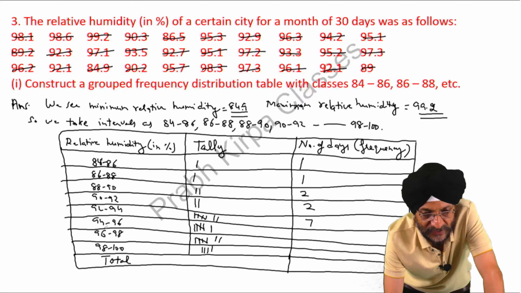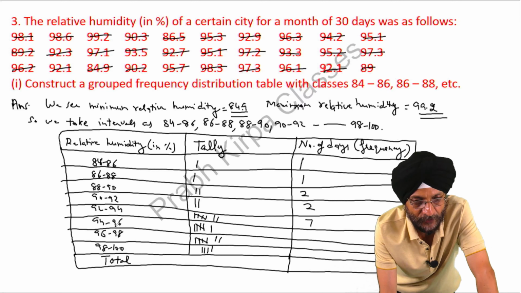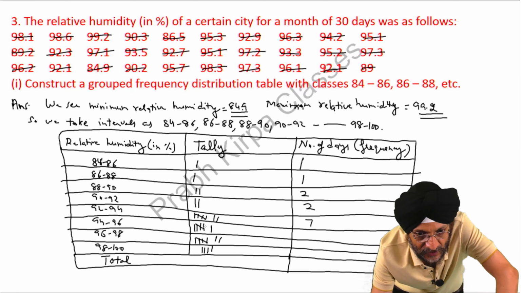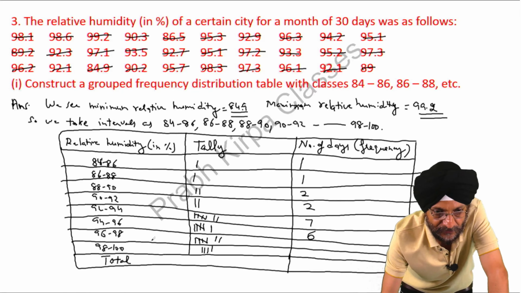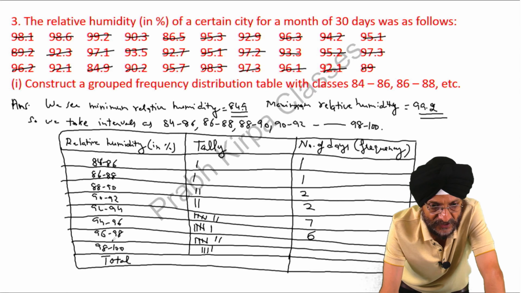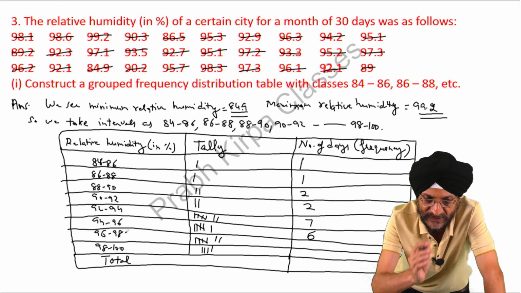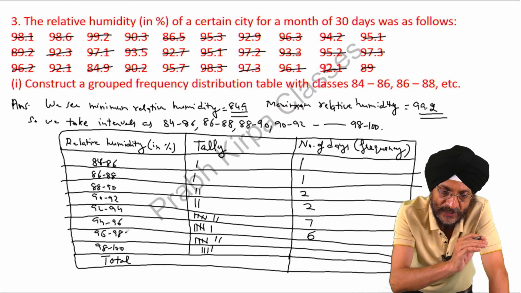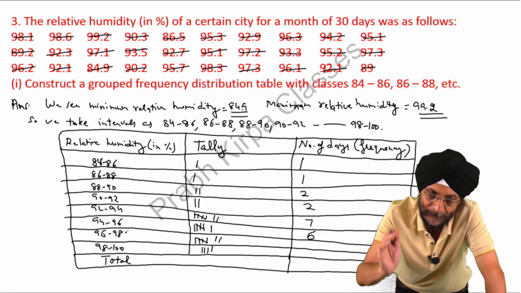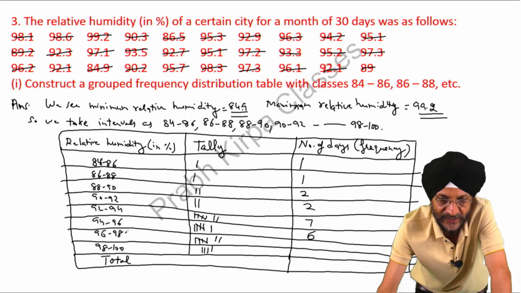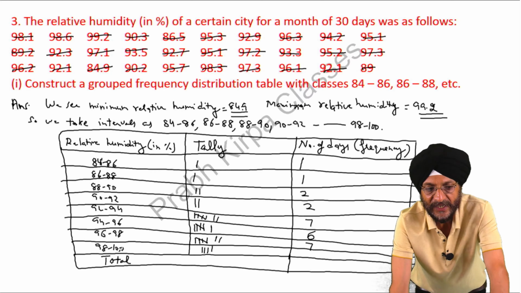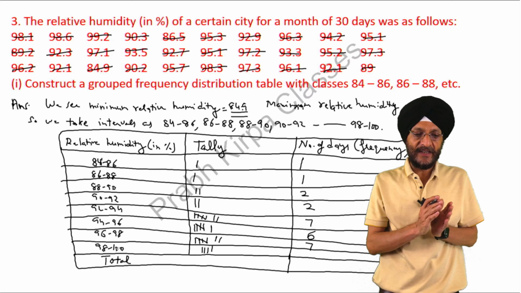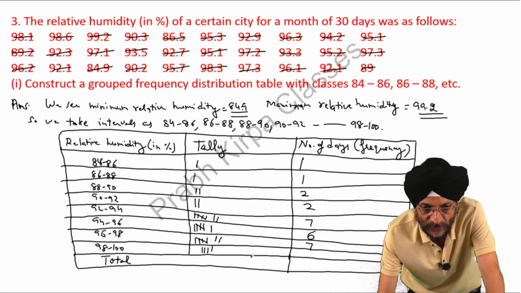Then between 94 to 96 for 6 days. Then 96 to 98, that is 96 or more but less than 98, it was 7. Then between 98 and up to 100, it was for 4 days.